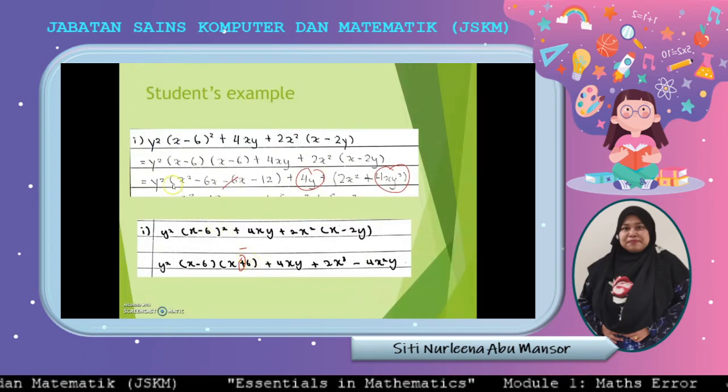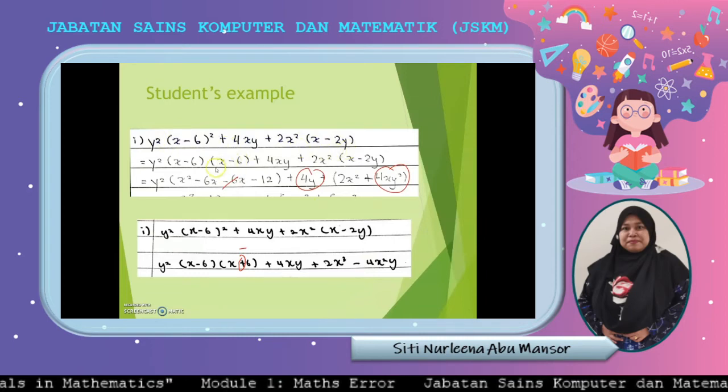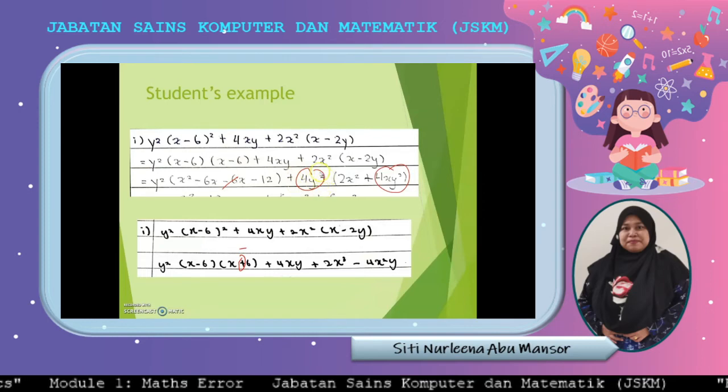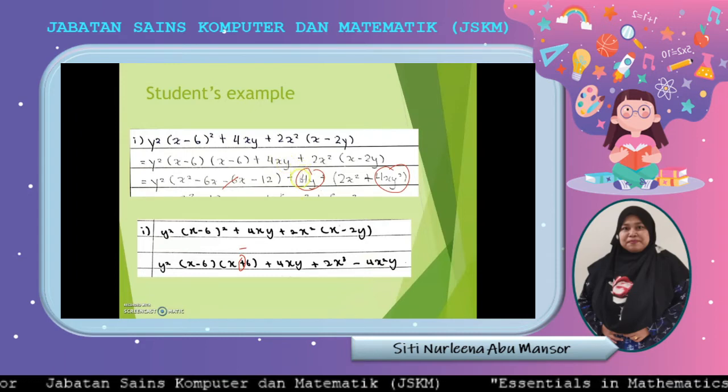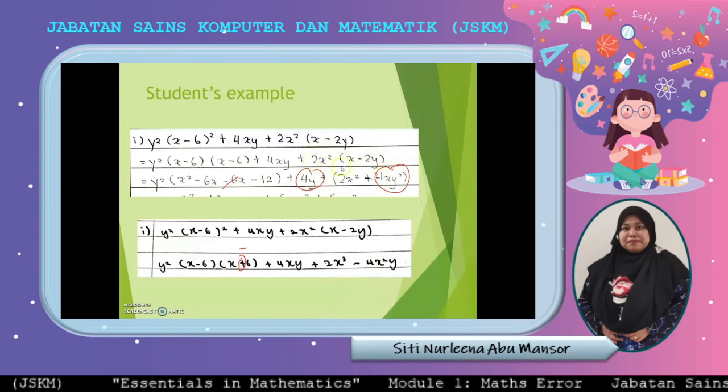These are examples from students' answer scripts. We can see here that the student needs to expand the question, and what the student did wrong. This one is a careless mistake. We have 4xy, but when the student rewrote it, it became 4y. And then this one, we need to expand this.